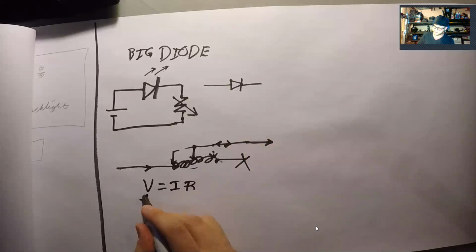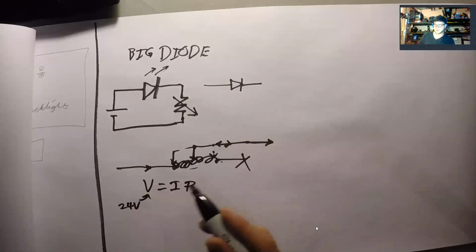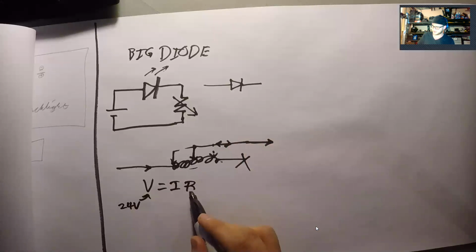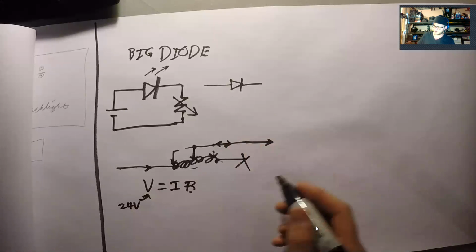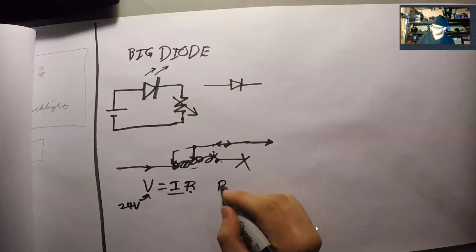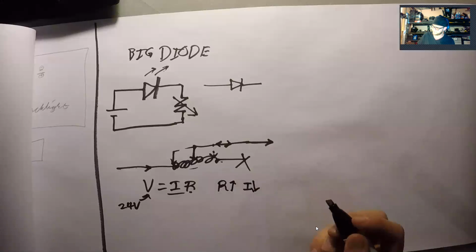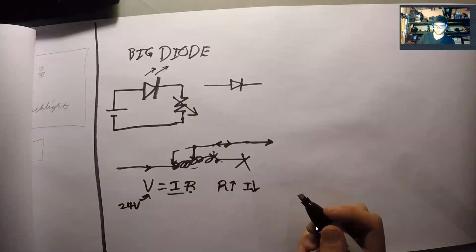And if this is fixed, so generally our voltage is going to be fixed at 24 volts DC, right? So if we're changing our resistance, our current is going to change inversely. So as resistance goes up, current goes down, and vice versa.